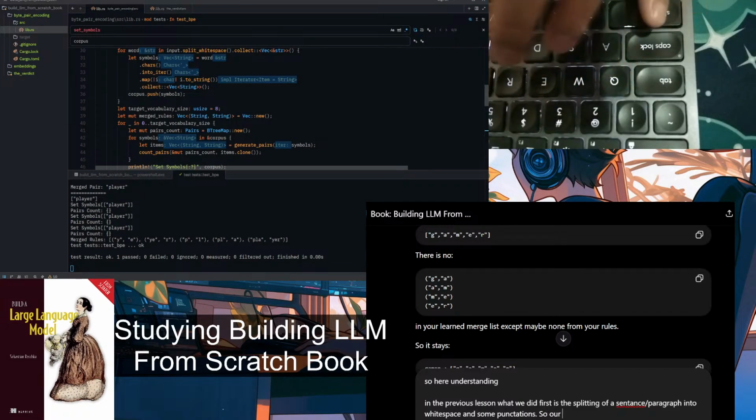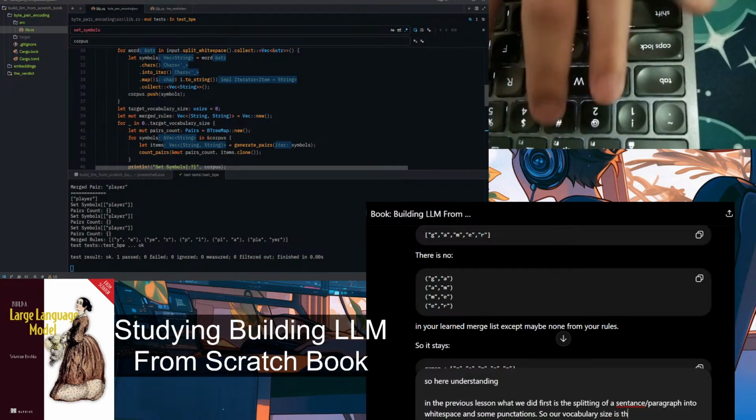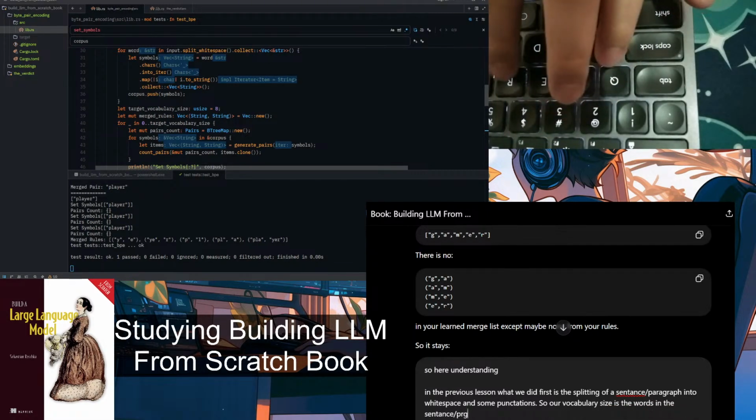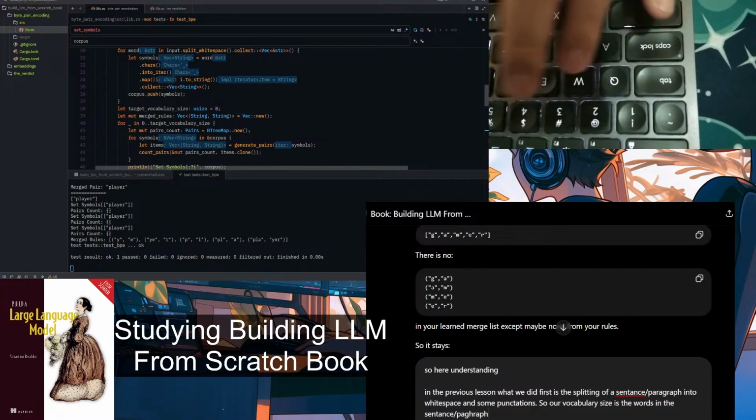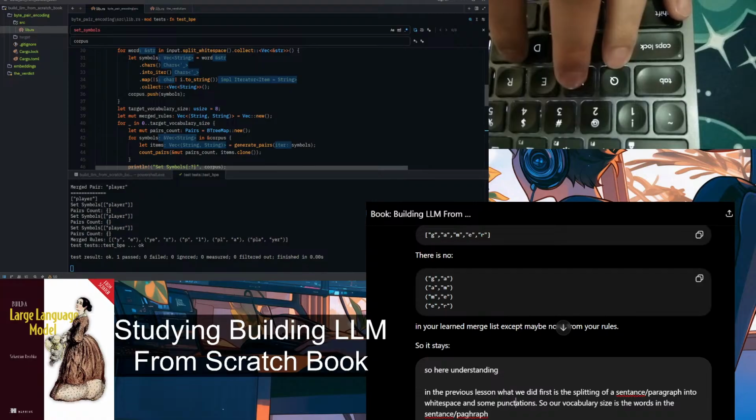So our vocabulary is the words in the sentence or paragraph.